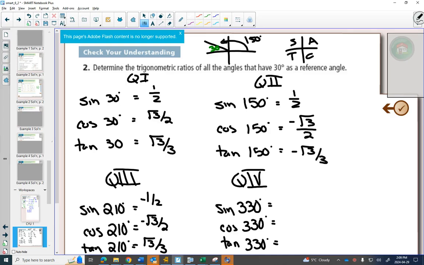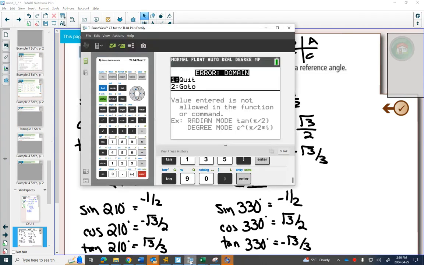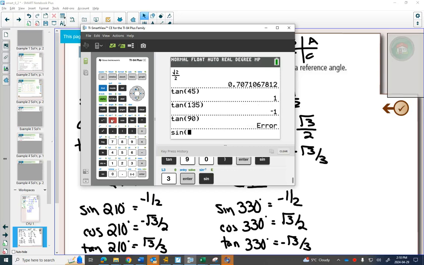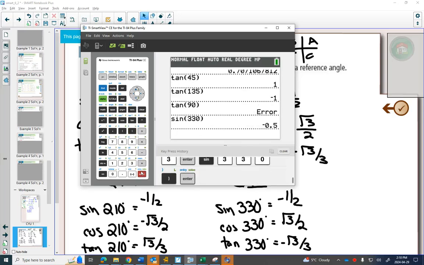And so in quadrant 4, cos will be the only one positive, so sine will be negative 1/2. Cos will be positive root 3 over 2, and tan will be negative root 3 over 3. Just to double check this on my calculator, I'm going to type in sine of 330. Well, I have to quit first. Sine of 330. Do I get negative 0.5? I do.